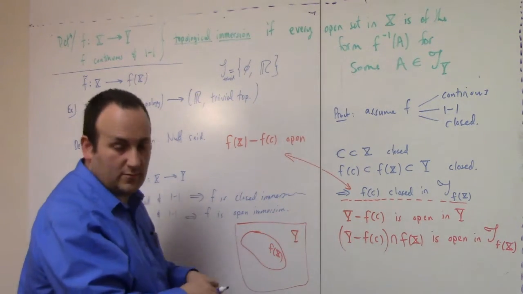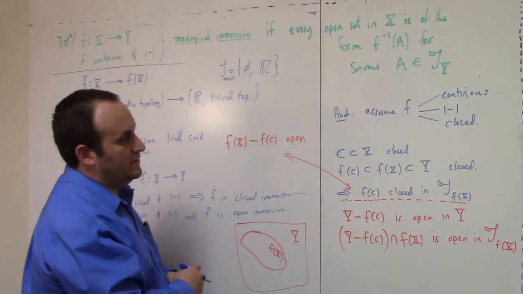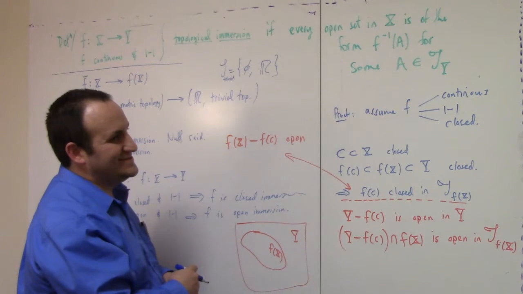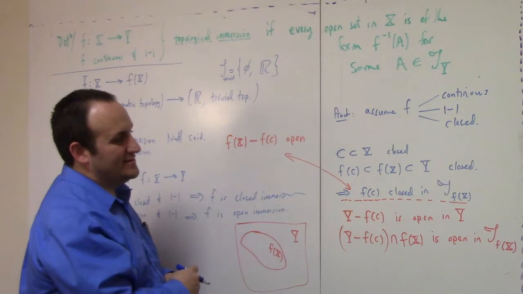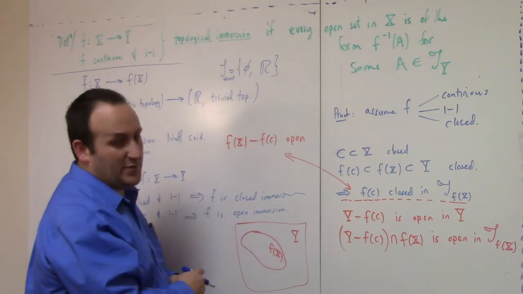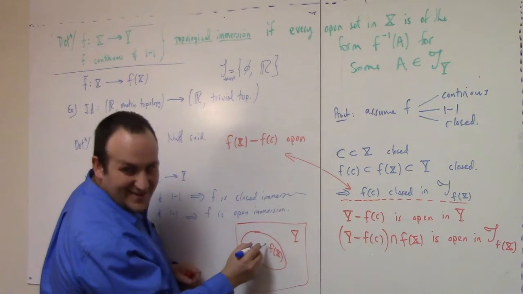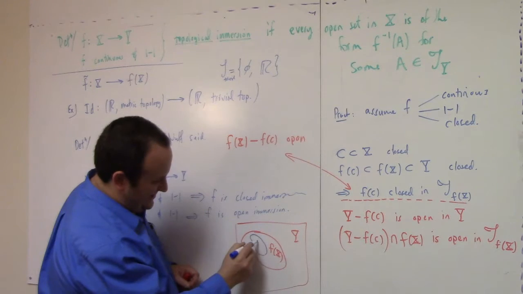Or is it? Well, I don't know. I guess it's closed, because X is both open and closed. So f of X is closed. Since f is a closed mapping, f of X is closed.